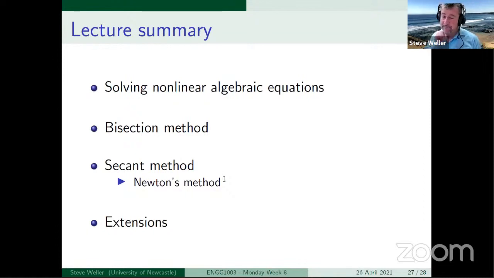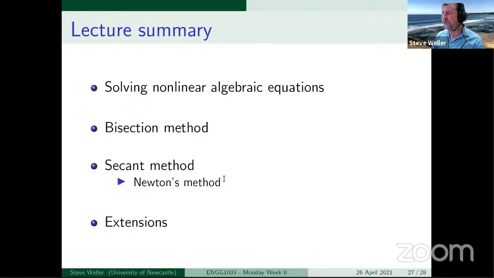What you'll need to do in subsequent weeks' activities in the lab, for example, is to use the bisection and secant methods for solving different forms of problem, and modify the code.